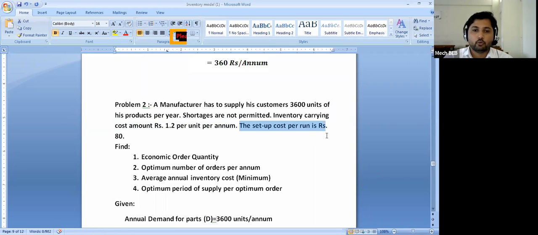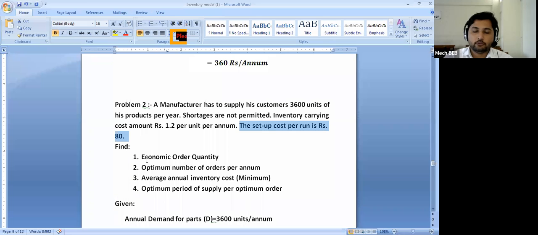To manufacture a particular variety of product for a certain time period, you need to provide the setup for the system, and the cost for that setup is provided. The time consumed to prepare the setup is converted into cost, and here the setup cost is rupees 80.